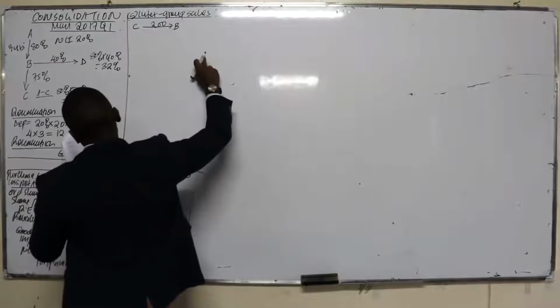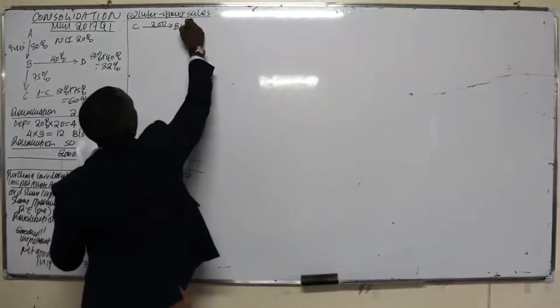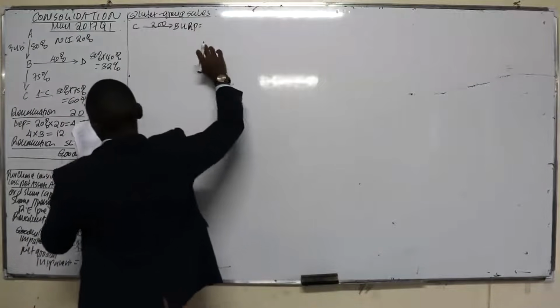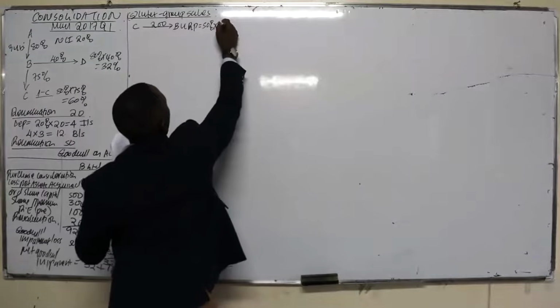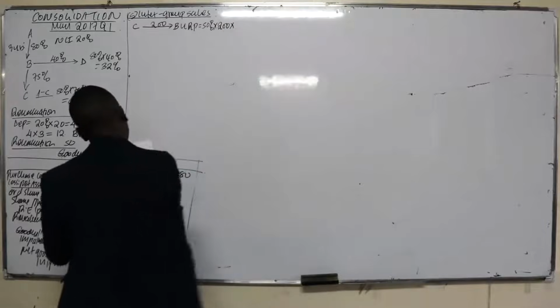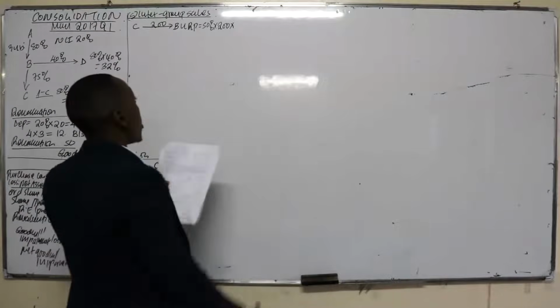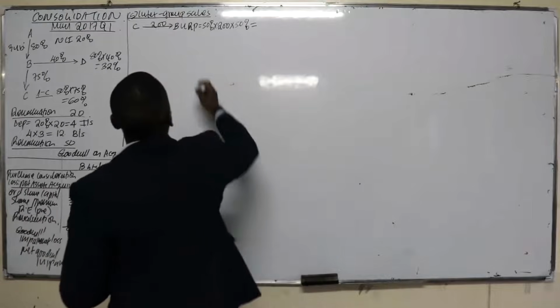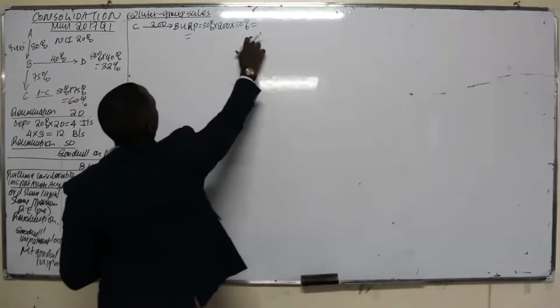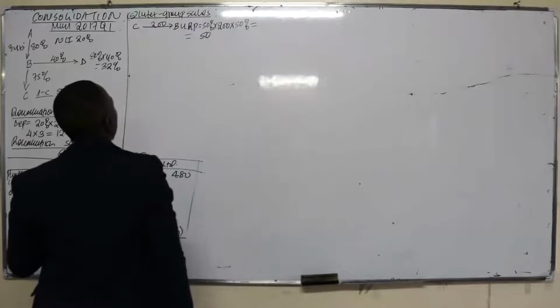Then they made a margin of 50%. So to get the unrealized profit, you take 50% of 200. Then you are told that we have balance in stock of 50%. How much is the unrealized profit? That's 150%, you get 50.